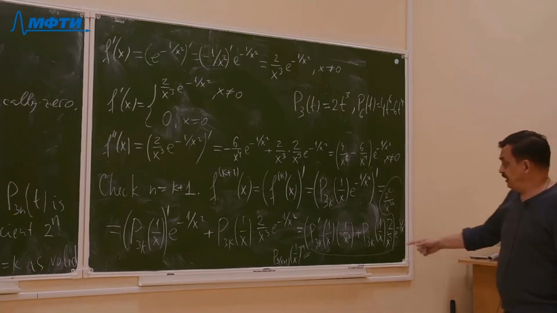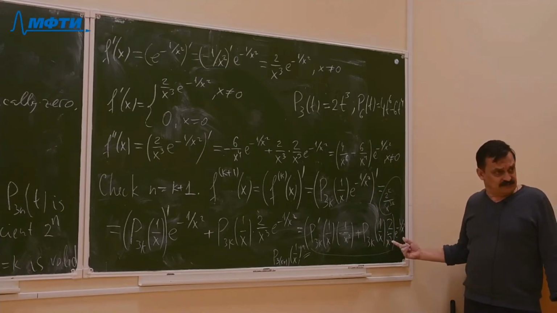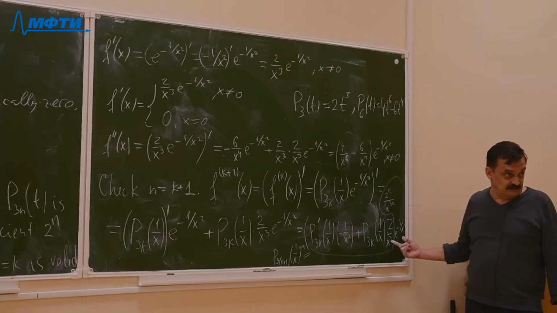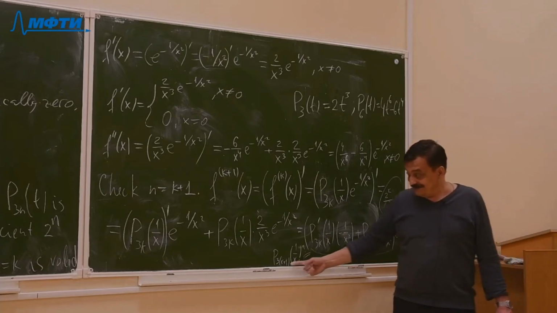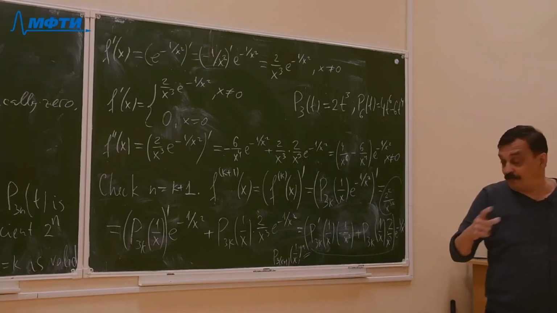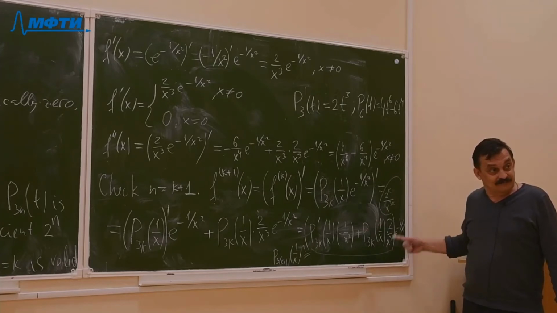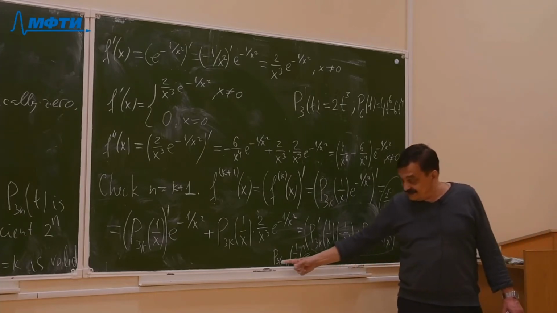We multiply, 3k minus 1 plus 3 is 3k plus 2, right? 3k plus 2 is strictly less than 3k plus 3, right? So, all other powers of 1 over x in this expression are less than 3k plus 3.